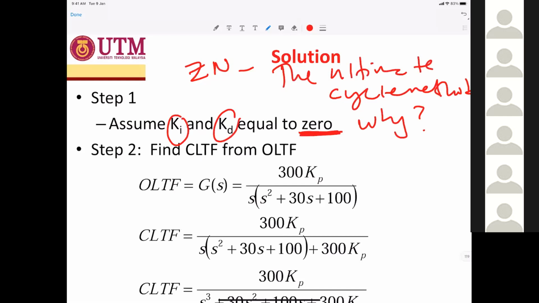Thank you. I'm asking Muhammad Shafiq. Why? Shafiq, are you sleeping? Haikal, why do we assume Kp, Ki, and Kd equal to 0?